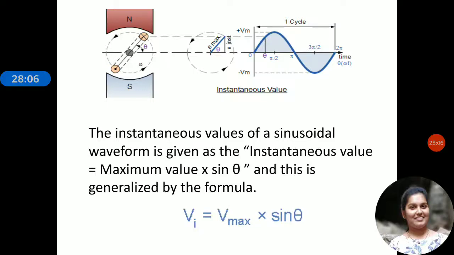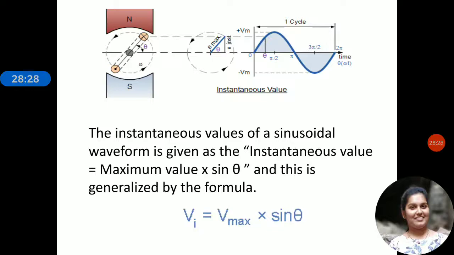When the current carrying conductor is supplied with energy, it will be rotating between the north and the south pole, and this rotation will continue, varying with time.